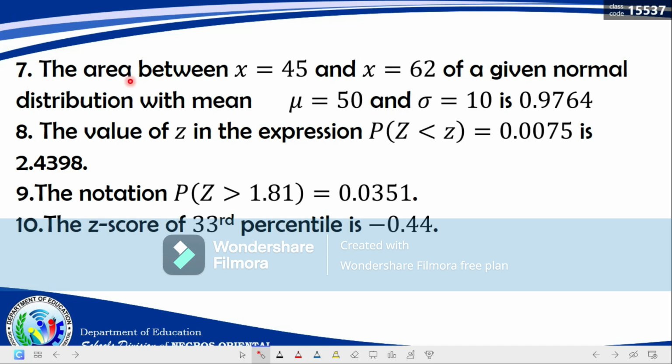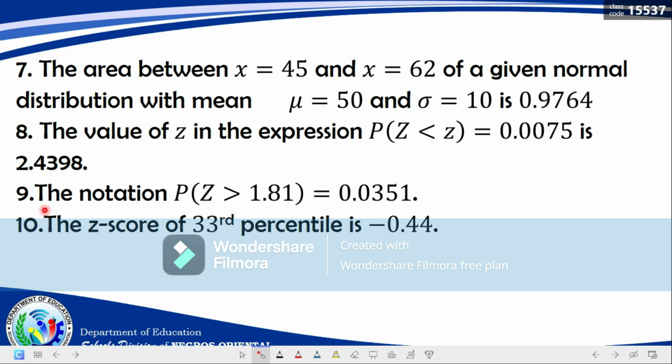Number 7. The area between x equal to 45 and x equal to 62 of a given normal distribution with mean equal to 50 and standard deviation 10 is 0.9764. Number 8. The value of z in the expression probability of z is less than z equal to 0.0075 is 2.4398.